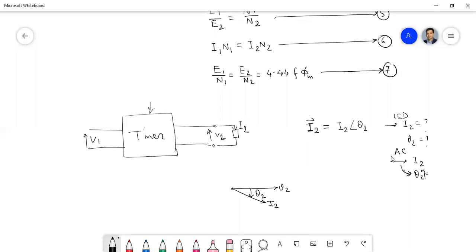Mostly we use the coils or appliances in which we have lots of coils. So in our household application, we generally consume a lagging power factor load, or in other words, it is called an inductive load.